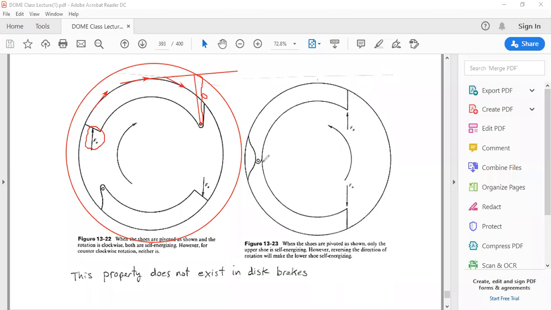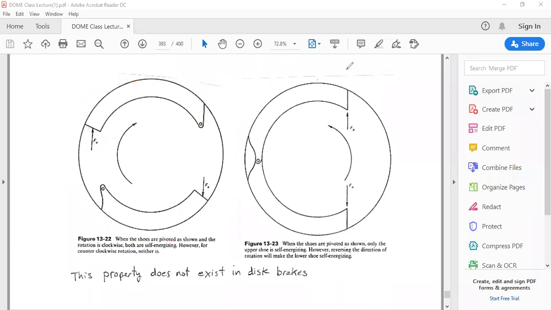But if you actually make the brake in that configuration right here, so if you actually rotate in that direction, and let's do that, if you make this arrangement like that, basically if you rotate in that direction, then your friction over here is going to be in that direction, right?